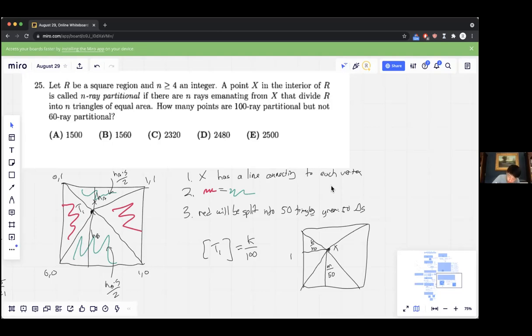So we can now define a point to be n partitional if it's of the form a over n, b over n.